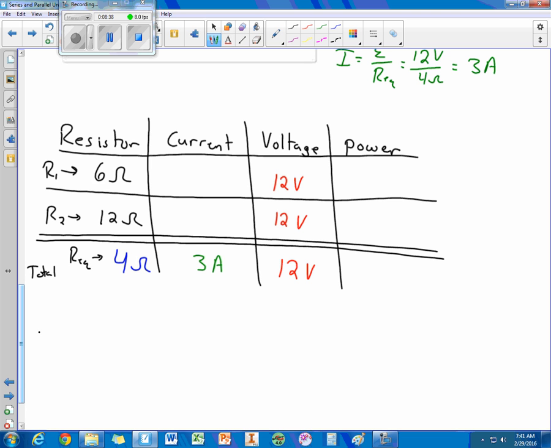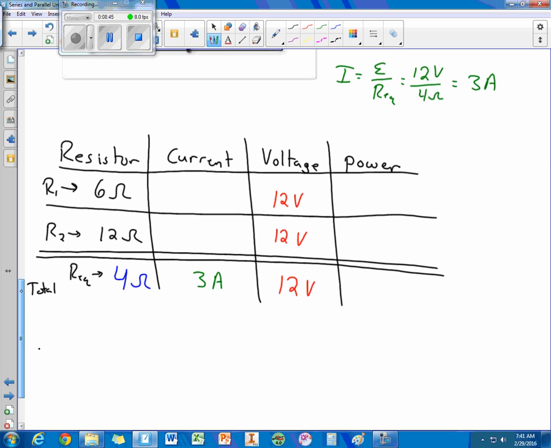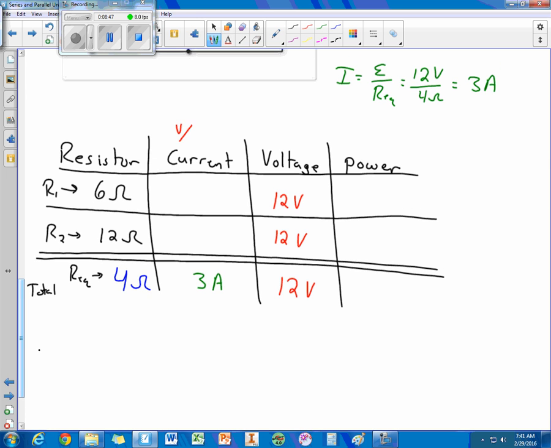It'd be the same as the power supply. So then to find the current, current is voltage divided by resistance. So what I could do is take the volts and divide it by the resistance. So 12 divided by 6 is 2 amps, and then 12 divided by 12 ohms is 1 amp. And notice that I have 2 plus 1 equals 3.